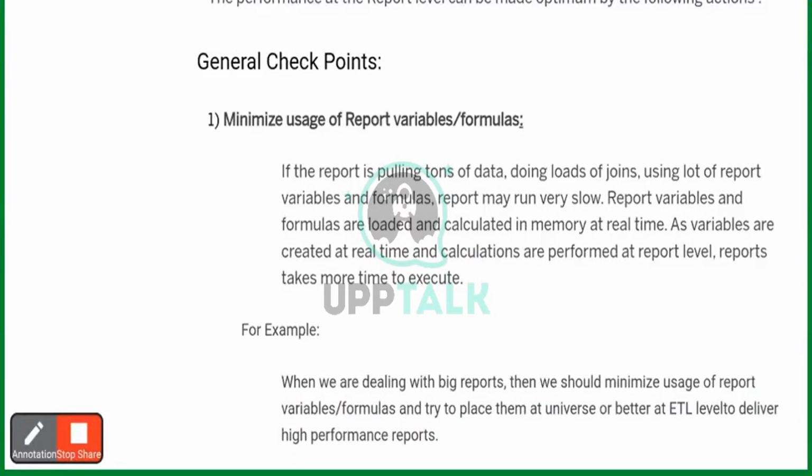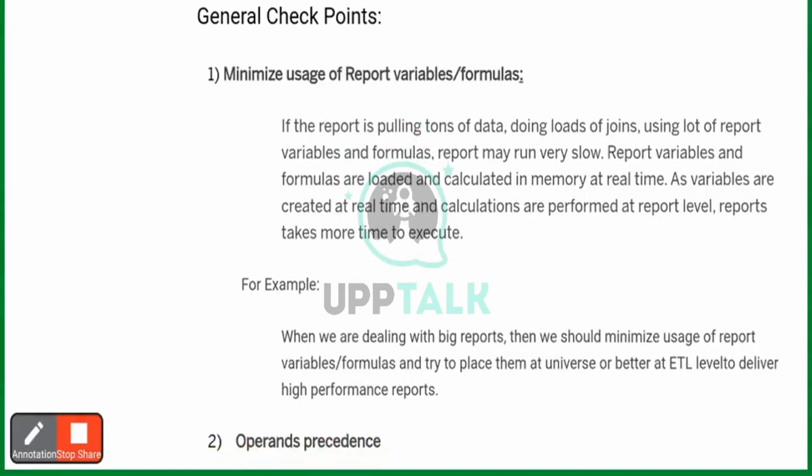First, as a general checkpoint, we will minimize usage of report variables and formulas. Yesterday I showed you that if we want a formula like margin per unit, but we don't have that key figure or measure directly from the universe, we can create that margin by quantity and consume it in our reporting layer.